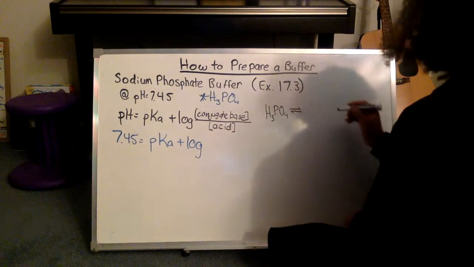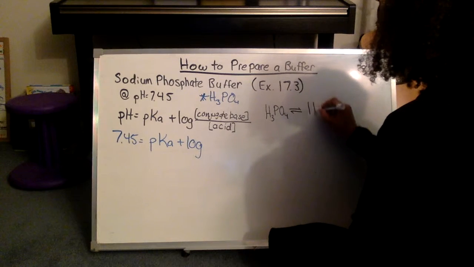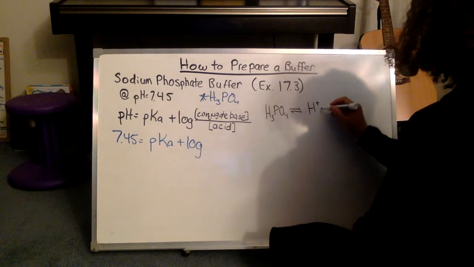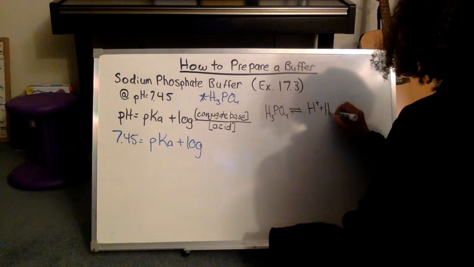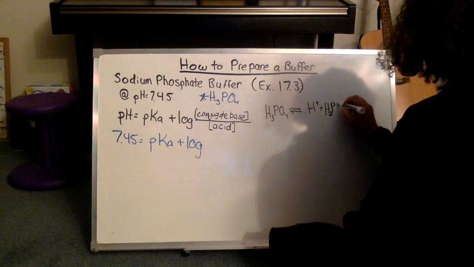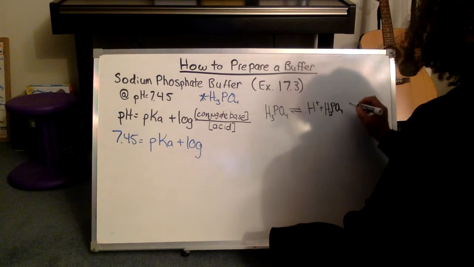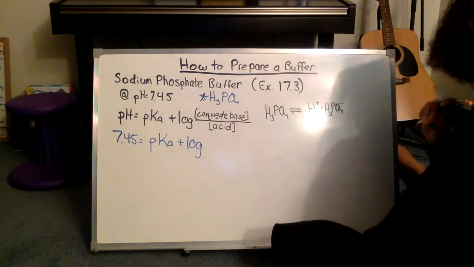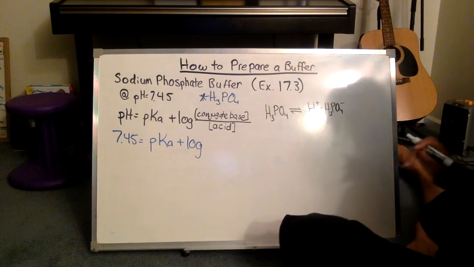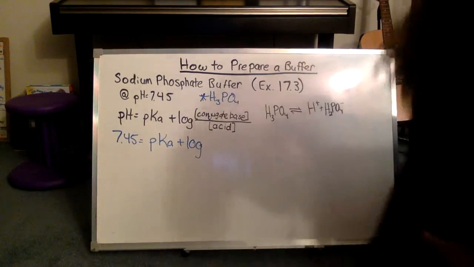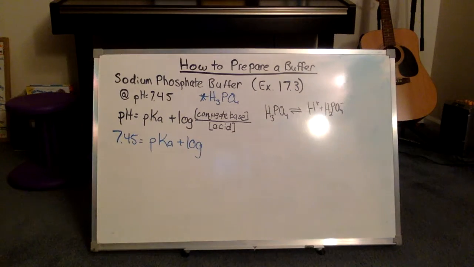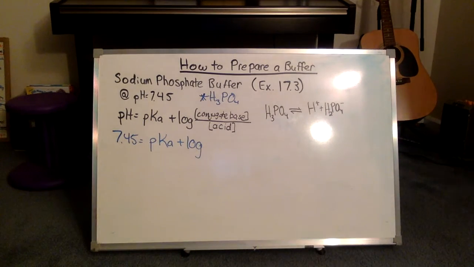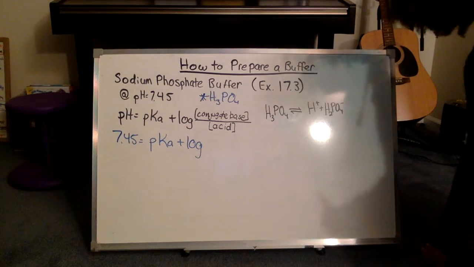First we start with the triprotic acid. The first dissociation, one proton comes off and we end up with H2PO4 minus. Okay, hold on. This lighting isn't that great, is it?